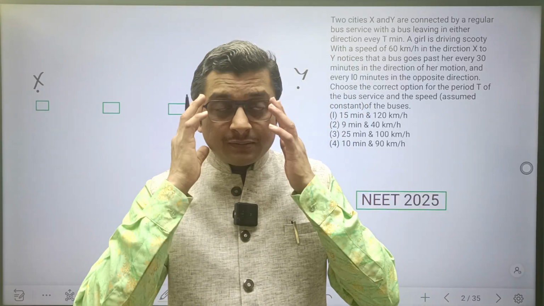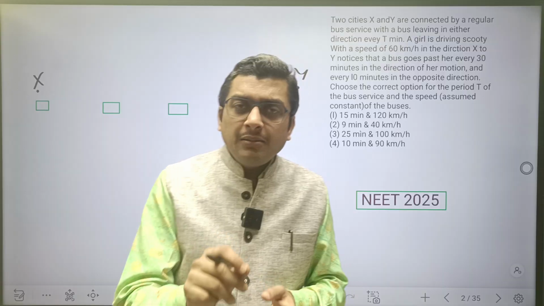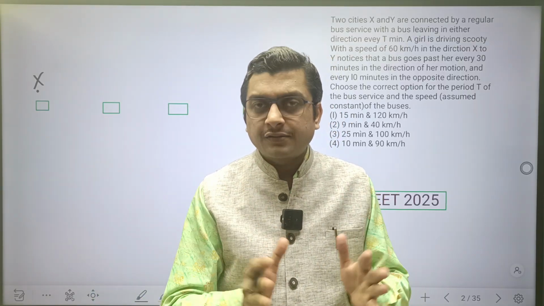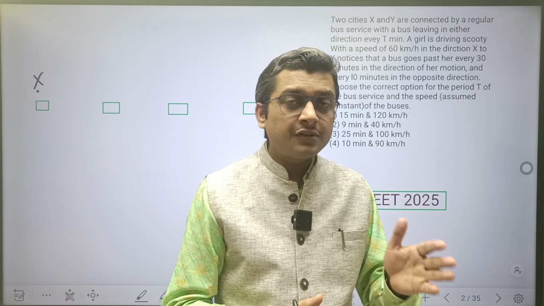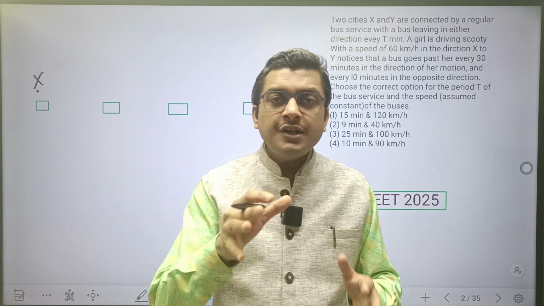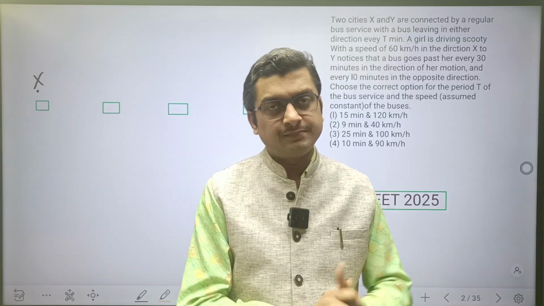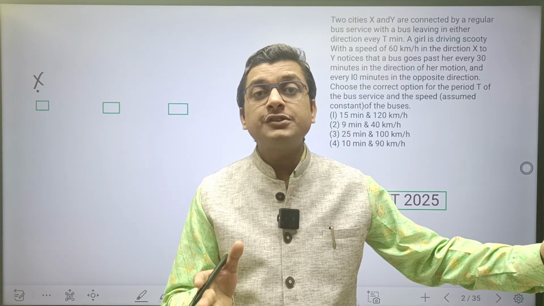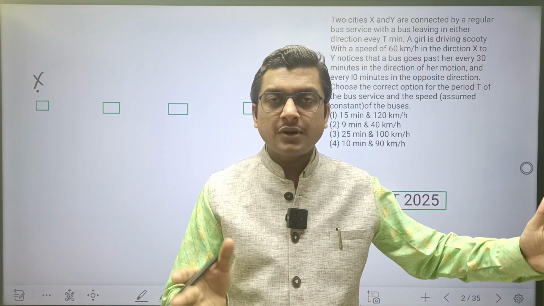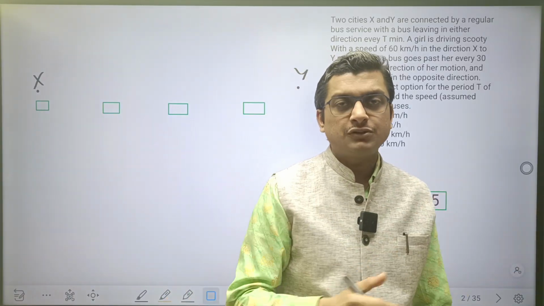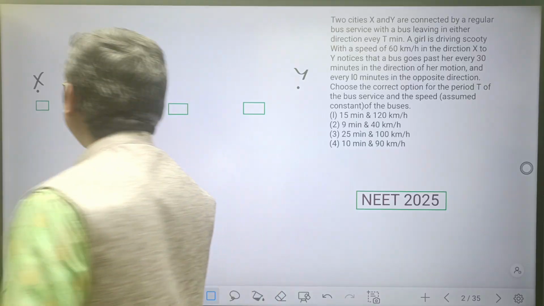So what happens is, by the time the second bus left the city X or the second bus left the city Y, the first bus had already covered some distance. And that distance covered by the first bus must be given by the speed of the bus multiplied by the time, because distance is equal to speed into time.